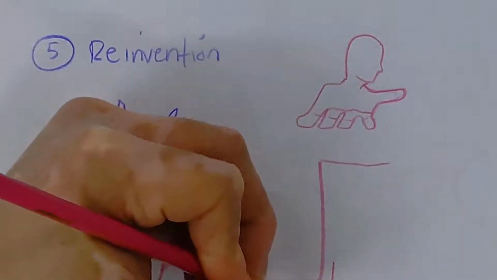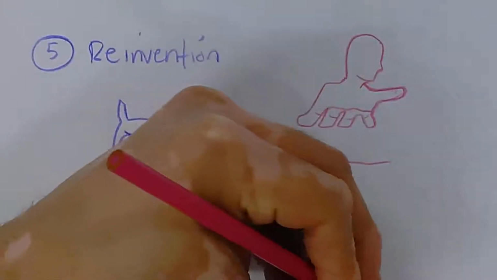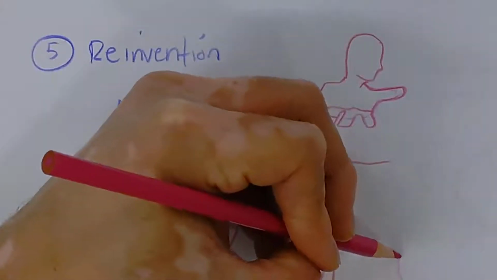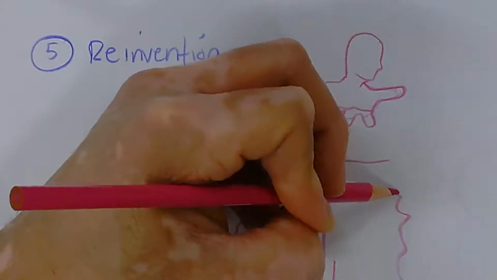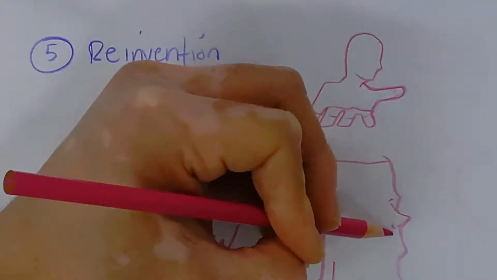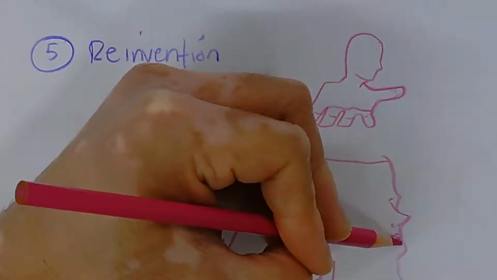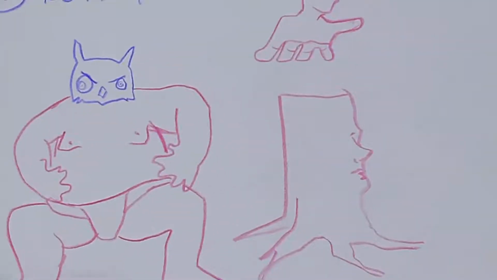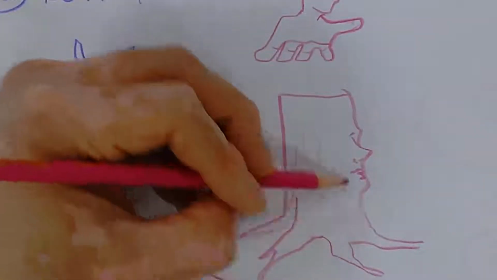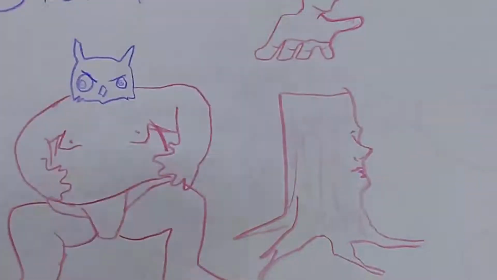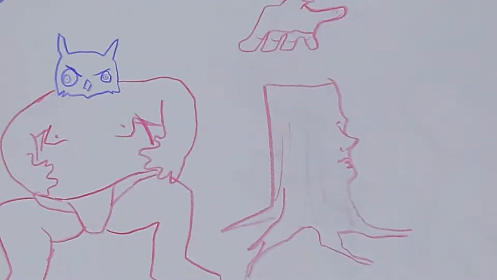Face, hand thing, etc. Or even, hope my student doesn't mind me using the example. I like the face tree thing. Sorry, I keep going back to faces. It could be really anything as long as you're inventing, reinventing, assembling, playing Frankenstein's monster. Alright? So that's the example of reinvention.